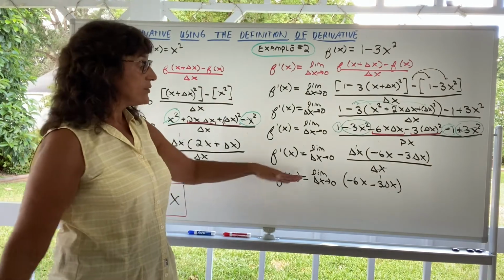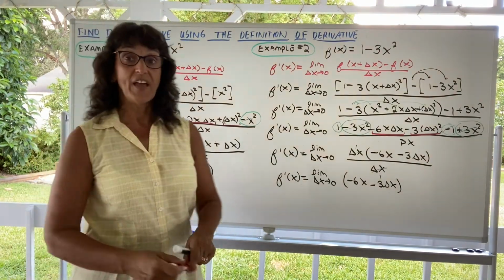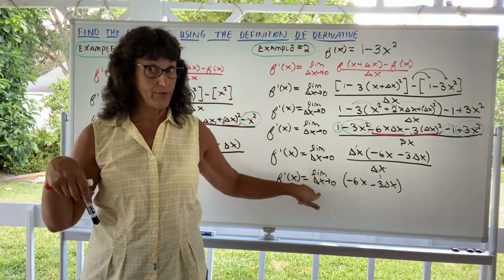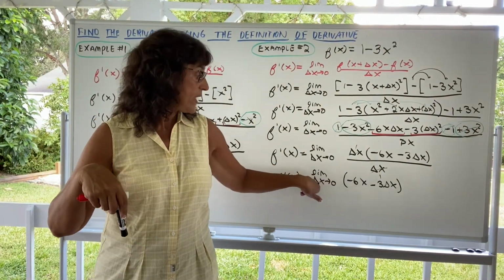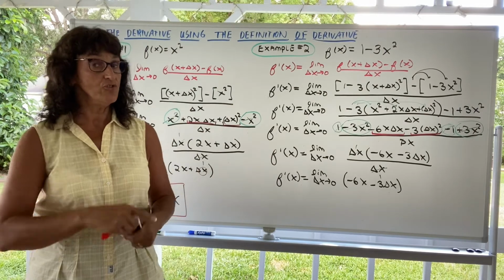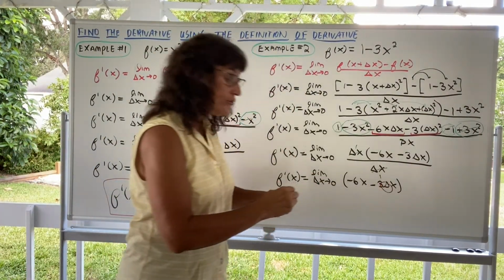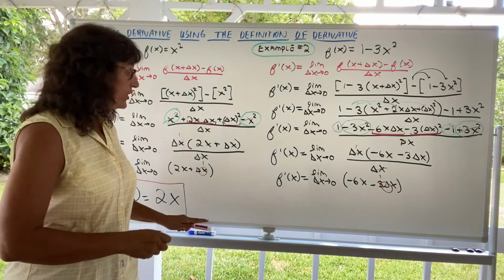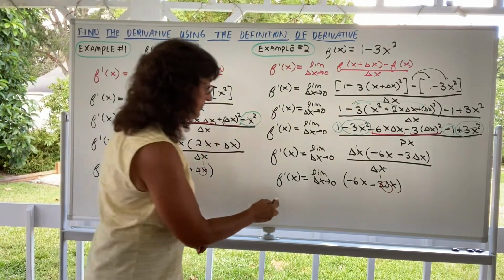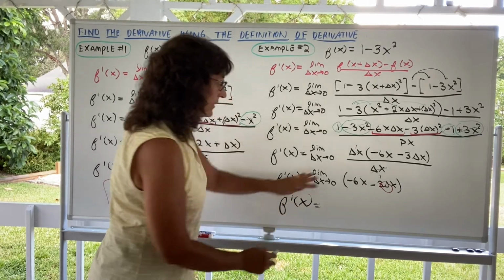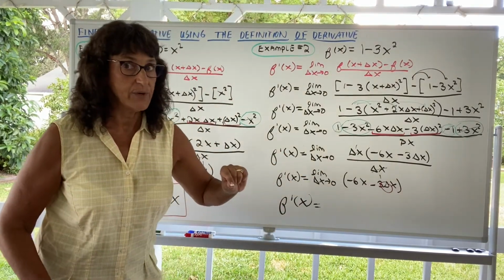Let's go ahead now and take the limit here. Remember, taking the limit, you're going to take this number here and substitute it in for this variable. We put 0 in for delta x. Substitution. So put the 0 in for the delta x term. It makes that whole term go away. So what do we have for a derivative here? After we take the limit, we're not going to write that expression anymore.